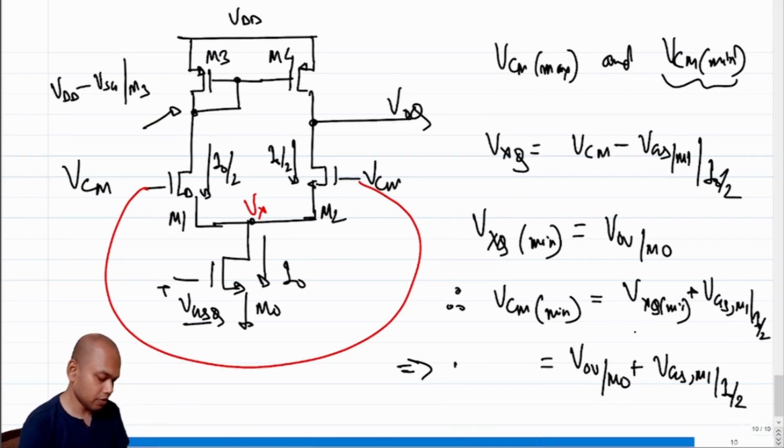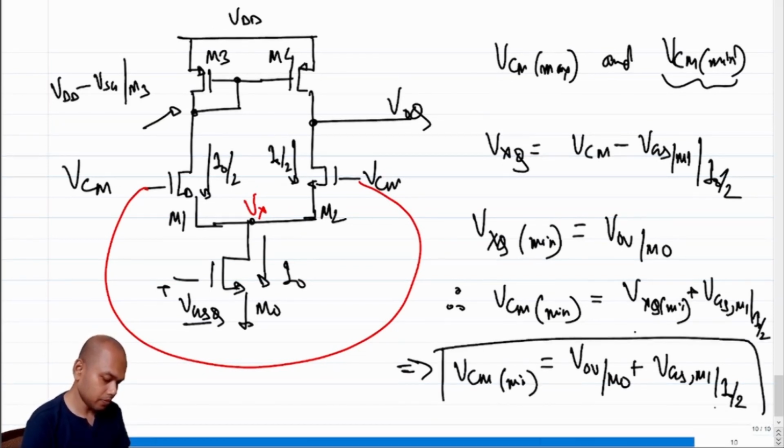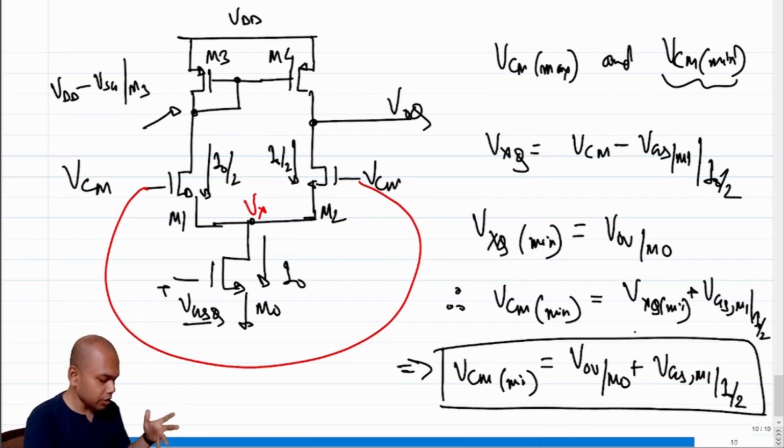So this is VCM min. Do you think anything else is going to affect this? Do you think the voltage at the gate of M3 is going to change? No, because the current hasn't changed, the voltage at the gate of M3 is not likely to change, correct?